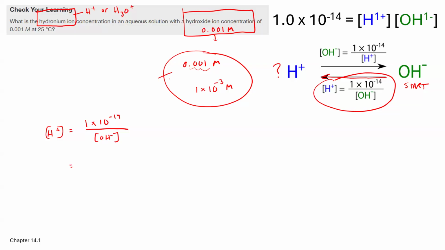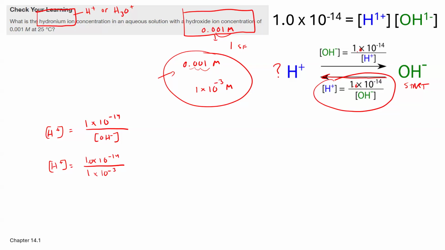We know the hydroxide concentration here. So 1 times 10 to the negative 14, divided by 1 times, oh, sorry, 1.0. Keep tripping up here. Right, 1.0, so we're 2 sig figs. This one is only 1 sig fig, so we have to make sure we take that into account. 1 times 10 to the negative third.